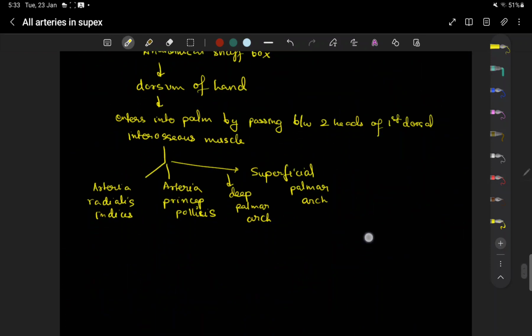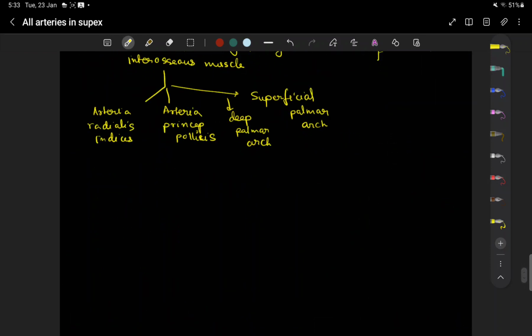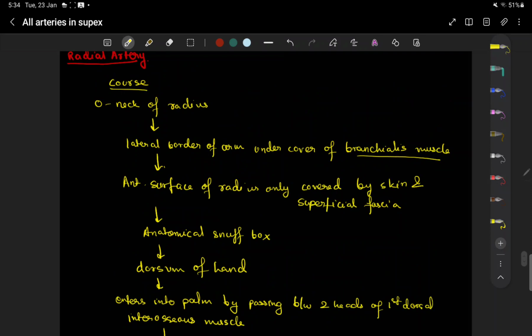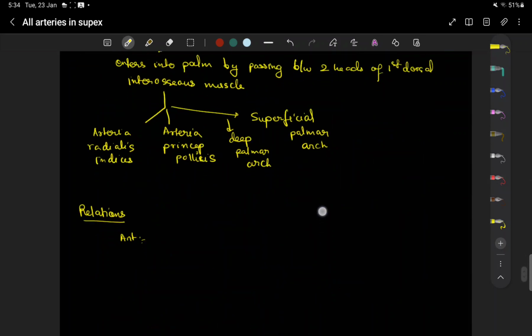Course is done, origin, termination. Next, we will talk about the relations. For relations, imagine the course. Anteriorly, in the course I have mentioned it is covered by the brachioradialis, sorry, not brachialis, it will be brachioradialis muscle, and further it will be overlapped by just the skin and the deep fascia.